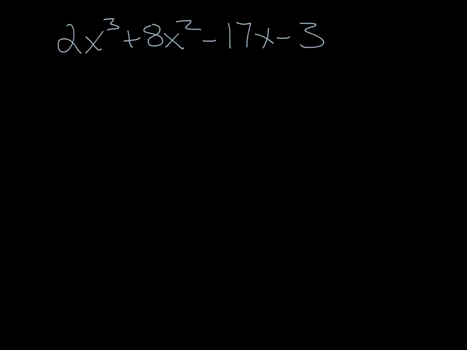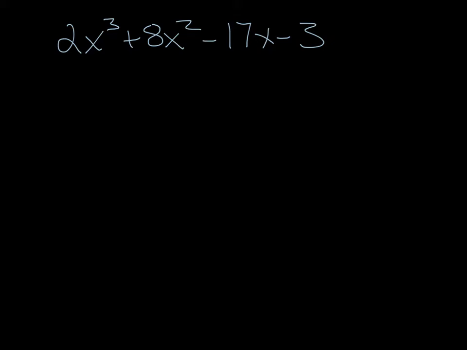For the first example, we have a polynomial with 4 terms: 1, 2, 3, 4. Remember, they're broken up by pluses and minuses. This is a polynomial in descending order. So we're looking at this first term, and the degree of this monomial is 3. The degree of this monomial is 2. The degree of this term is 1, and this is a degree of 0.